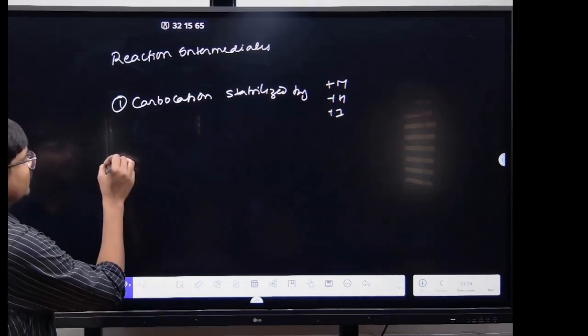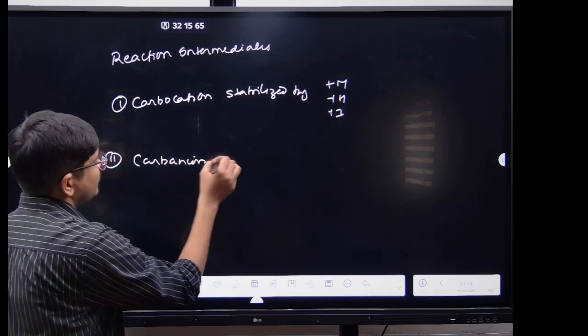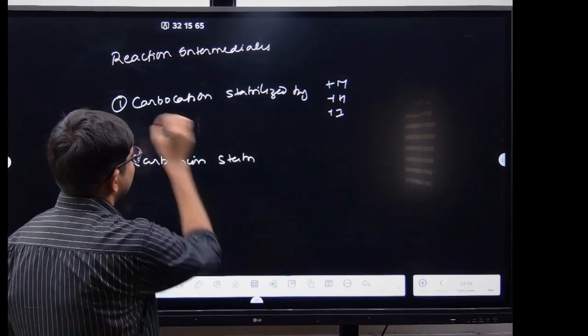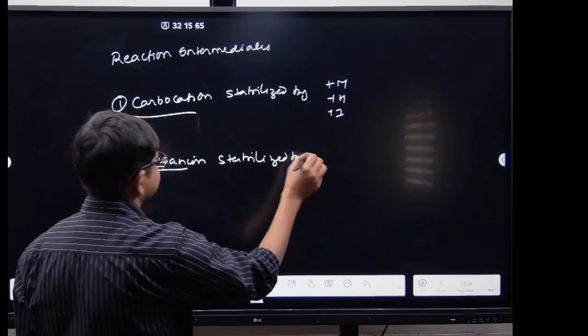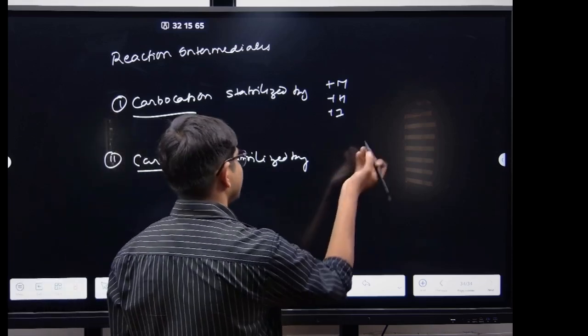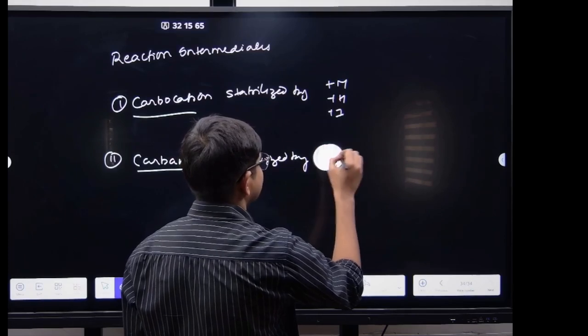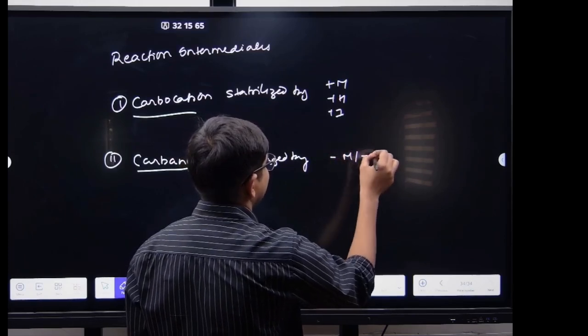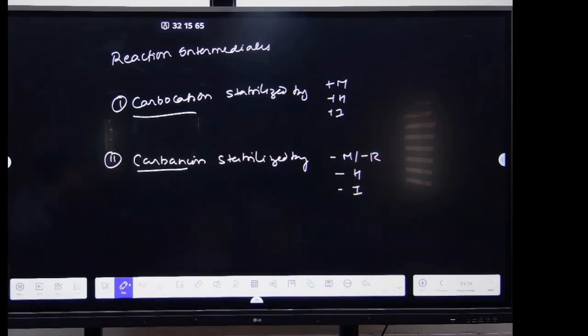Second one, you will have the carbanion, right? Carbanion will be stabilized by -M, -R, -H, and the -I effect.